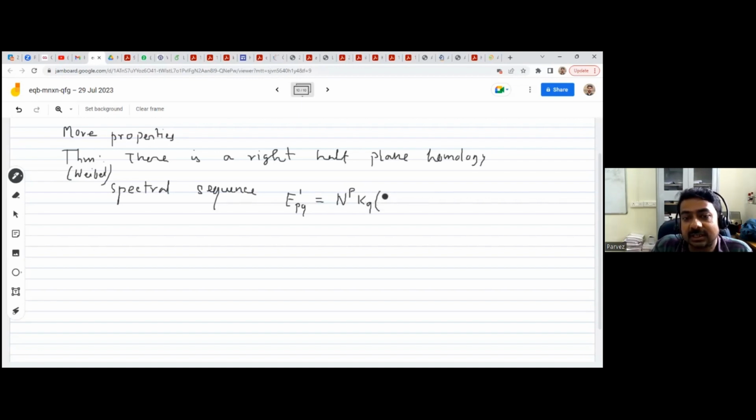Interestingly, this connects with the K theory of the ring, and it converges to KH of p plus q. So this is a connection from Quillen K theory to Weibel's homotopy K theory.